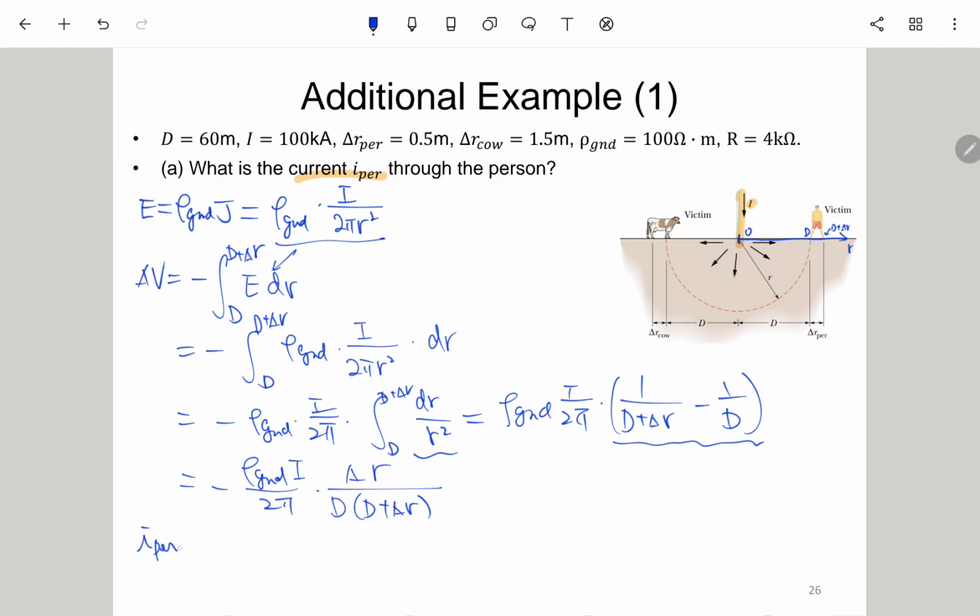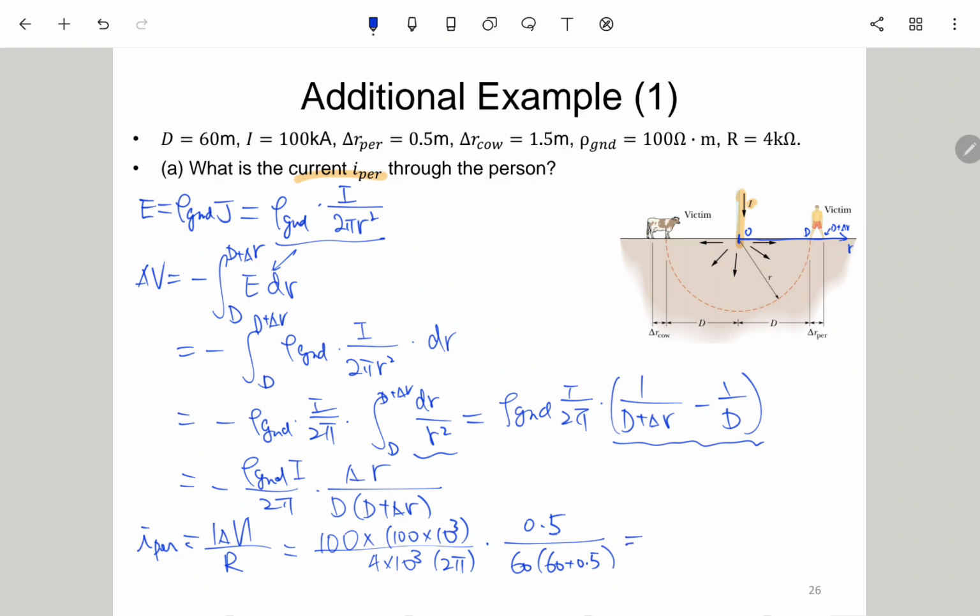For I person, it will be the absolute value of delta V over R. Rho ground is 100, I is 100 times 10 to the third, and R is 4 times 10 to the third, with 2 pi in the denominator, times delta R person, which is 0.5 meter, and D is 60 meter, so 60 times 60 plus 0.5.